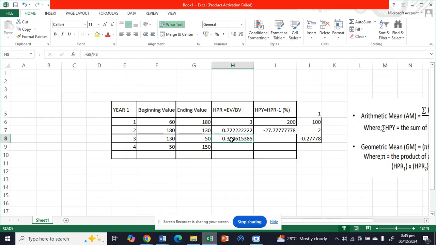So our investment has decreased by 0.38. When the HPR is less than 1, that is a decrease.